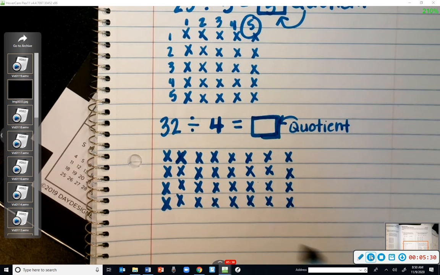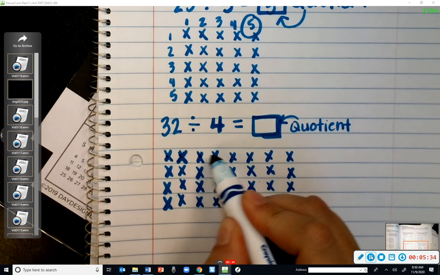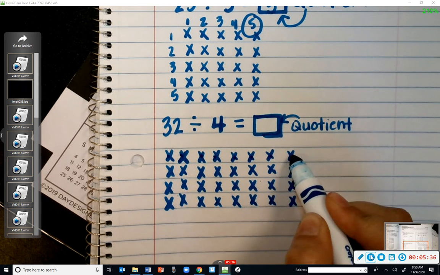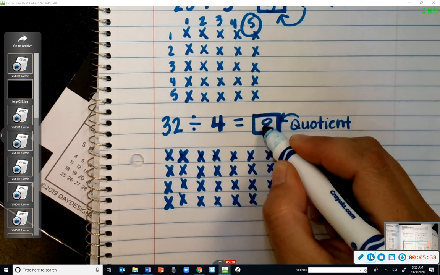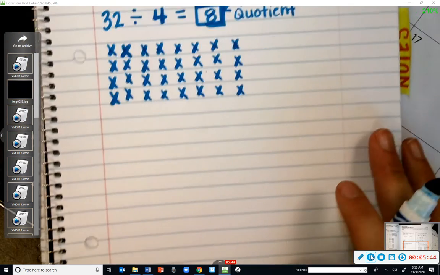Okay, so I look and I see there's 1, 2, 3, 4, 5, 6, 7, 8. 8 in each row. So 8 is our quotient. Okay, let's do another one.